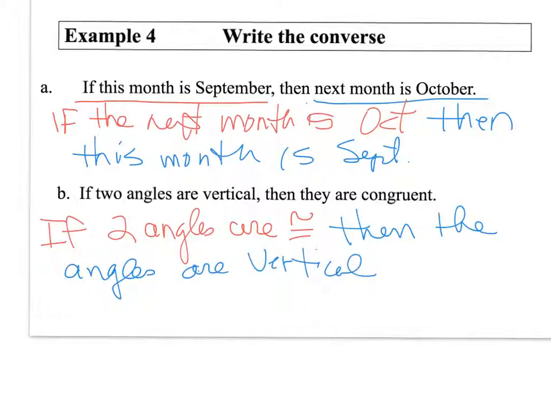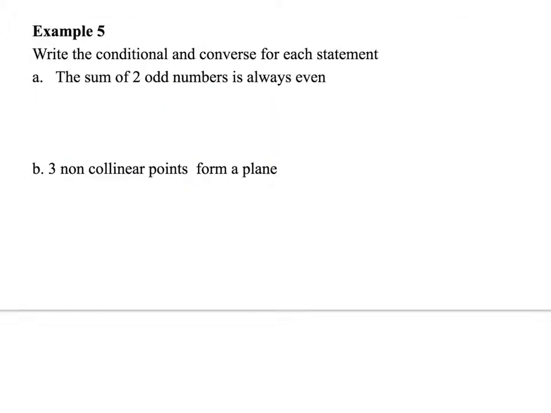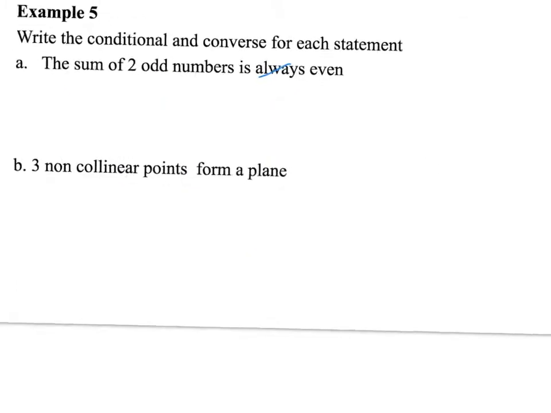And remember, that doesn't necessarily have to be true, because you can have two angles that are congruent, but they don't have to be vertical. But I'm just asking you to rewrite it. You don't have to worry about if it's true or not. Okay, one more thing. Let me make it a little bigger.